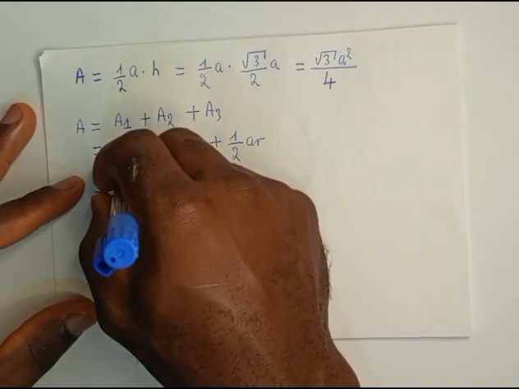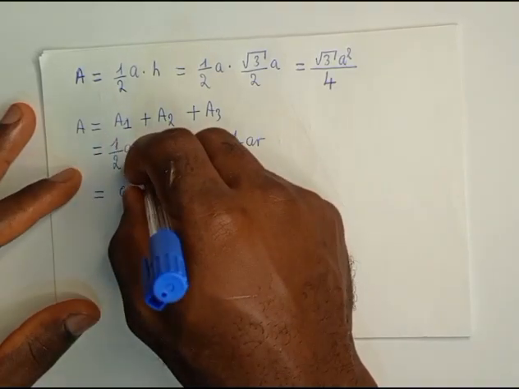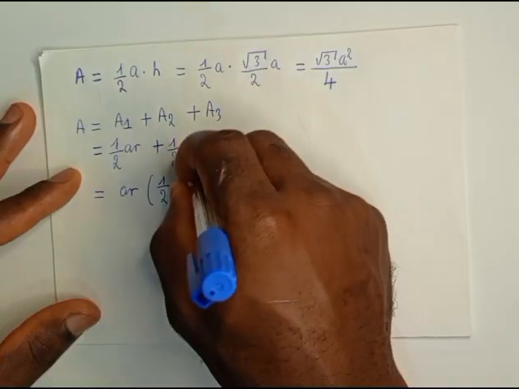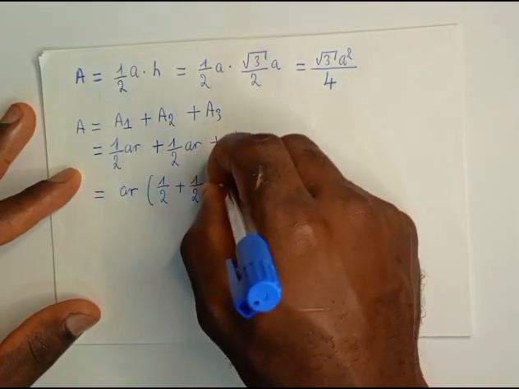If we factor out AR, this will simply be the same as AR times a half plus a half plus a half.